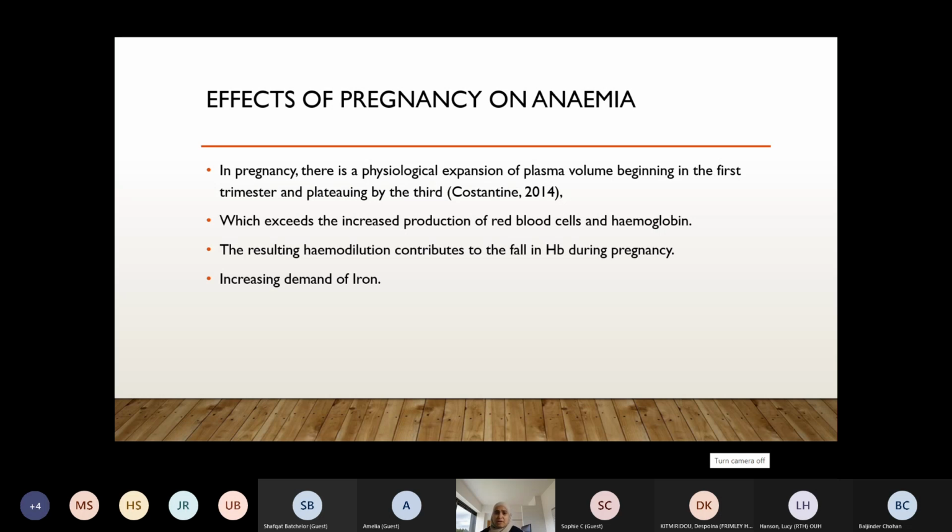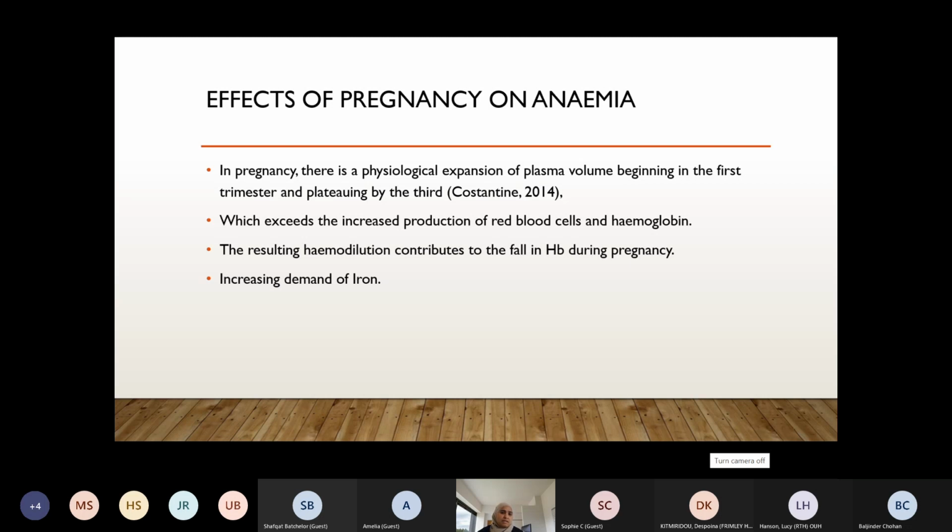By the third trimester, the plasma may be expanded by 40 to 50%. The red cells do expand as well, but to a lower degree, about 15 to 25% by the third trimester, so almost half. So there is a relatively dilutional state, and a physiological drop in hemoglobin, which is not anemia.